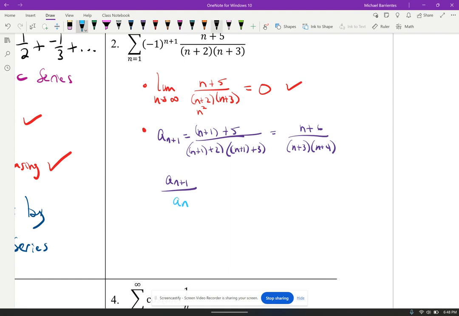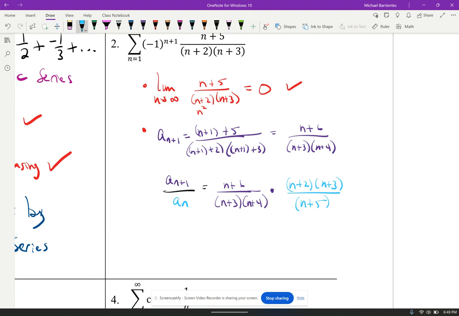That means we have this fraction: n plus 6 over n plus 3 times n plus 4 divided by a sub n, but let's just multiply by the reciprocal. The reciprocal is n plus 2 times n plus 3 divided by n plus 5. And I get something that looks like this.